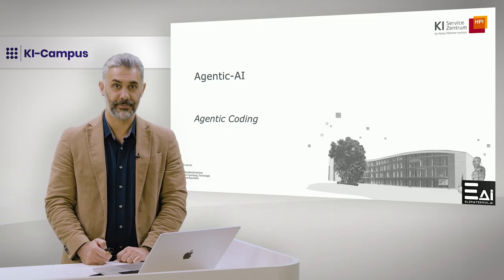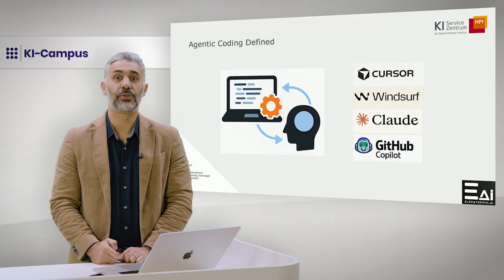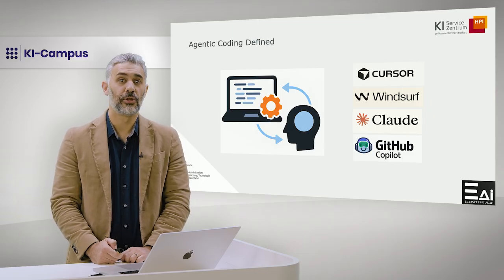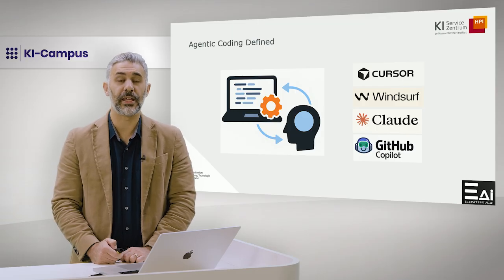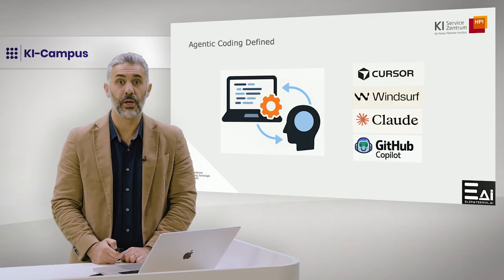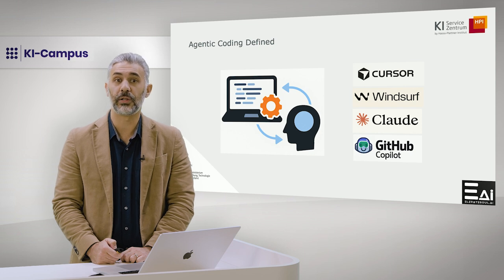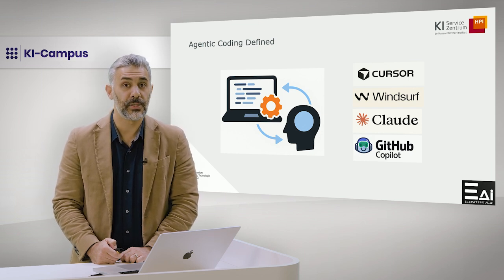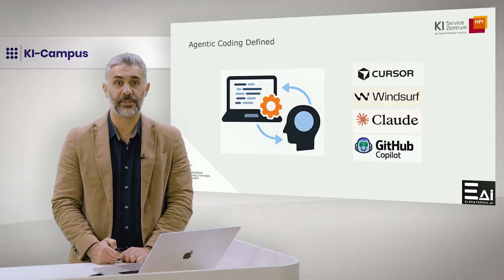Let's begin. Agentic coding refers to a style of programming made possible within agentic software development environments. Terms like AI-assisted coding and vibe coding also point to the same shift towards systems where AI plays an active, collaborative role, not just suggesting the next line, but participating in the coding process.